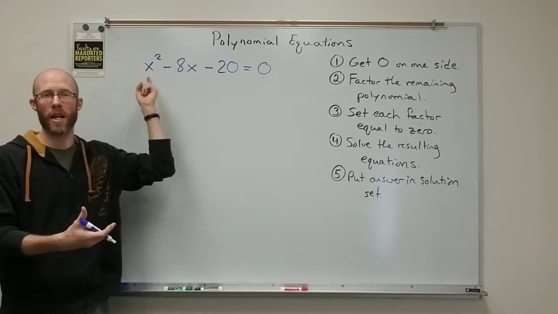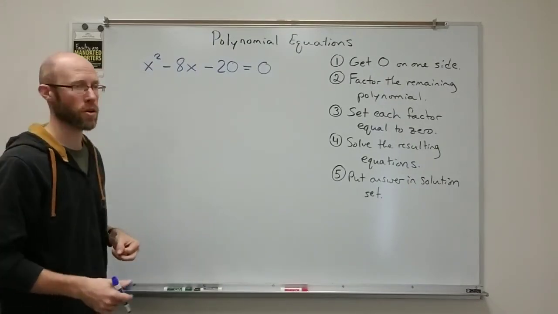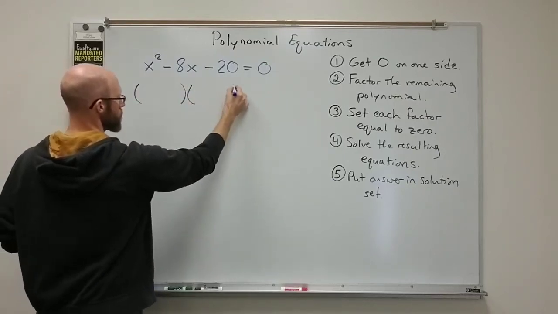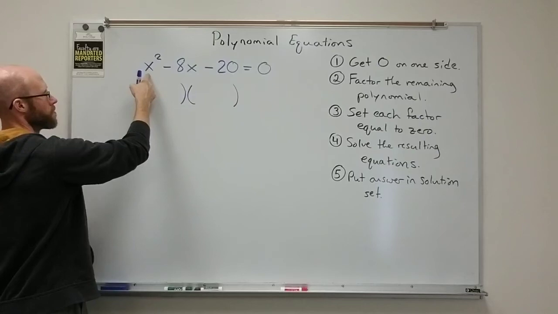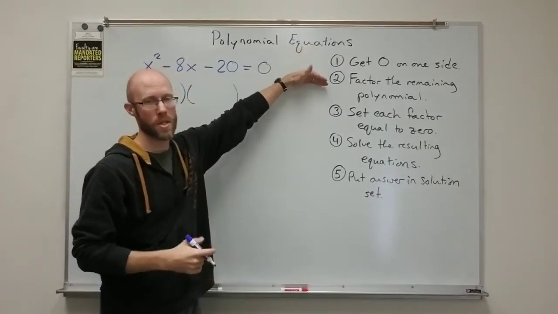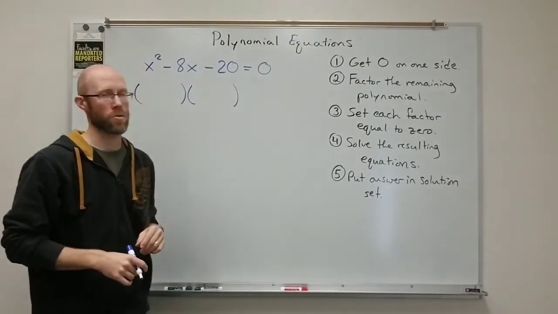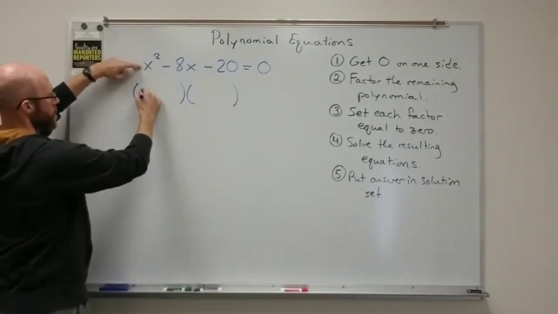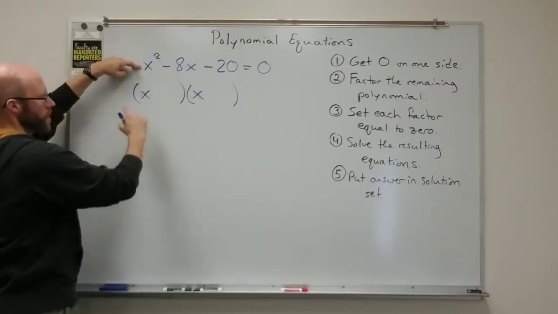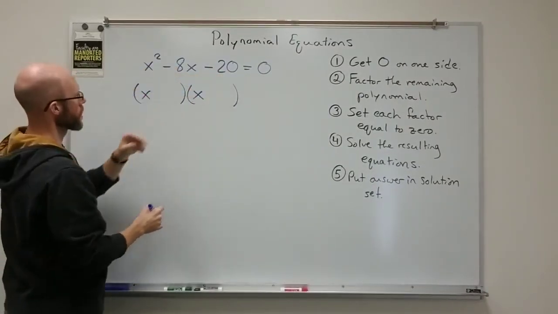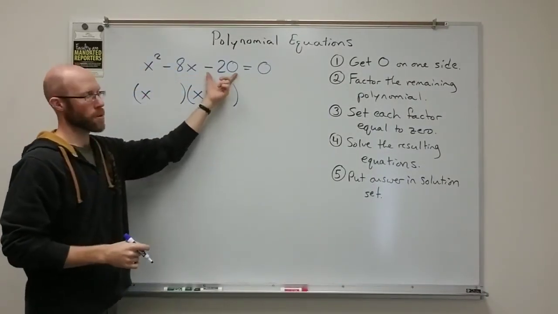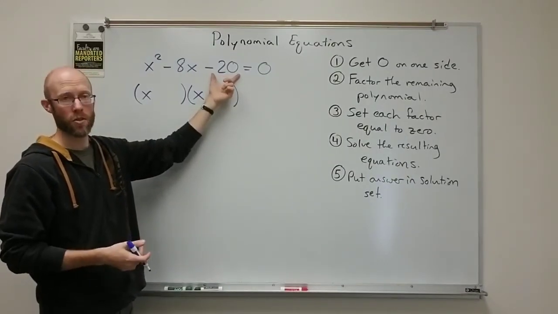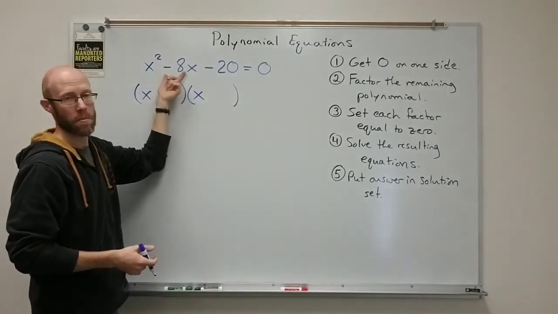It's like the modified AC method, but it's a simpler, quicker one, where I just go to a set of parentheses. And of course, I've got a 0 on one side, so I'm skipping that and going to factor the remaining polynomial. I've got an x in each of the first terms. The constant needs to be the pair of numbers whose product is -20, but add up to -8.